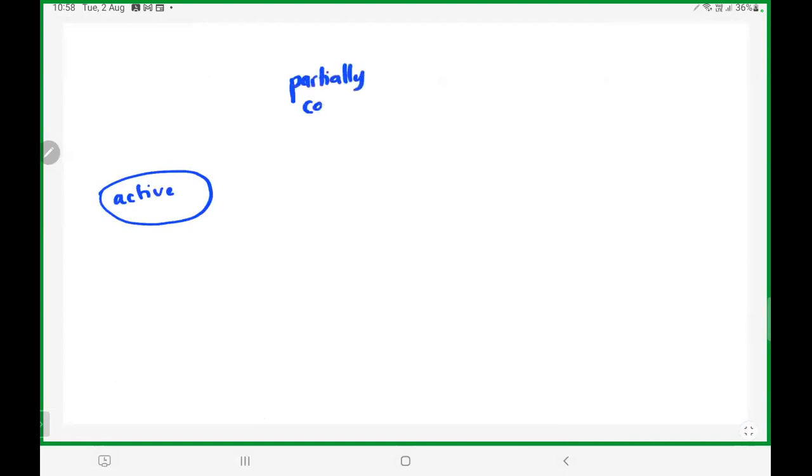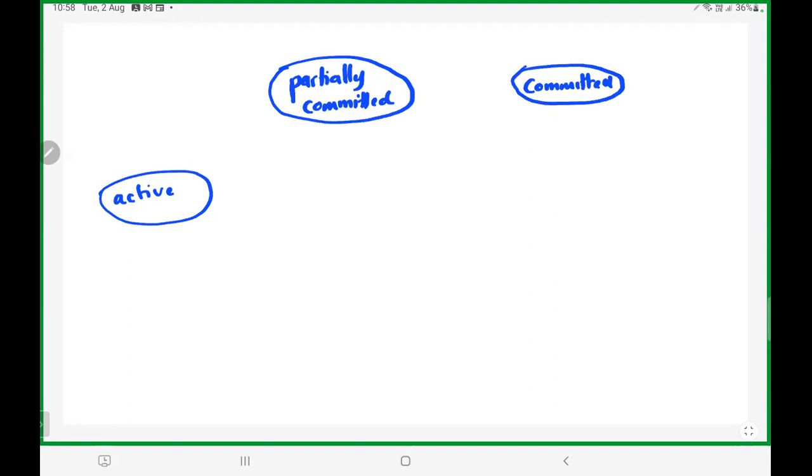Partially committed means partly gone right, part of the transaction has gone through. Then committed means fully completed. Then the last one is terminated, which means finished.